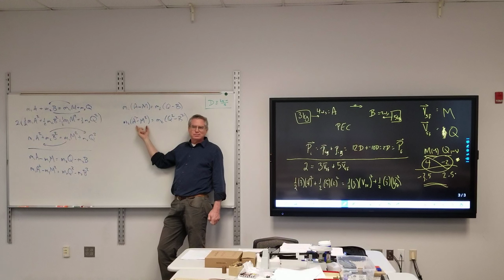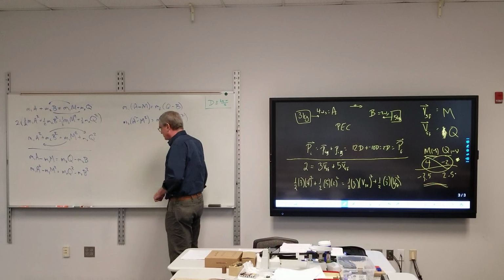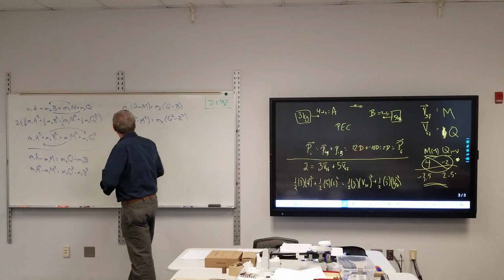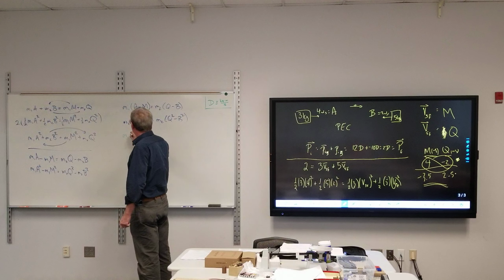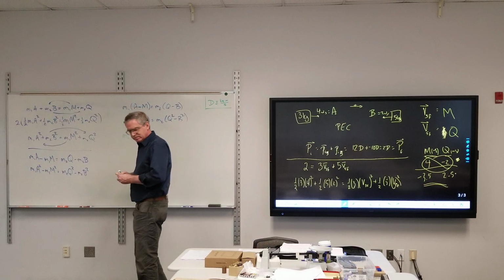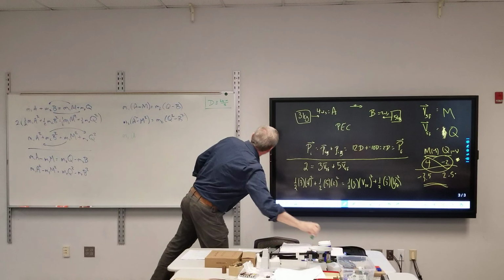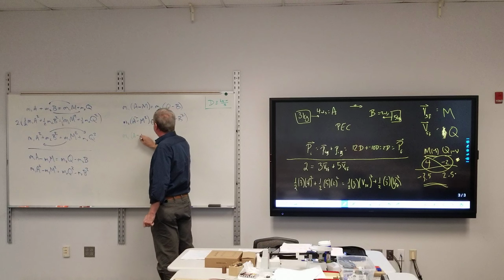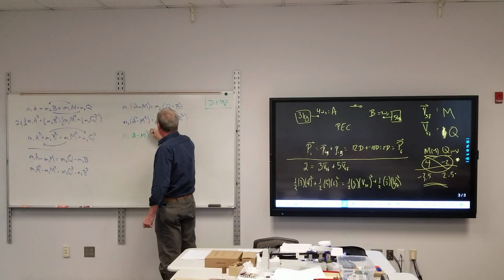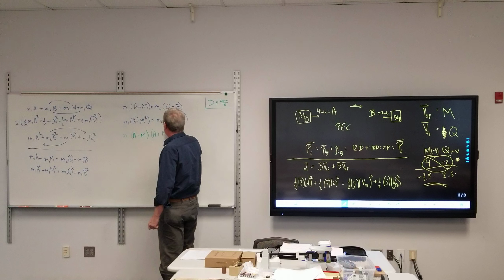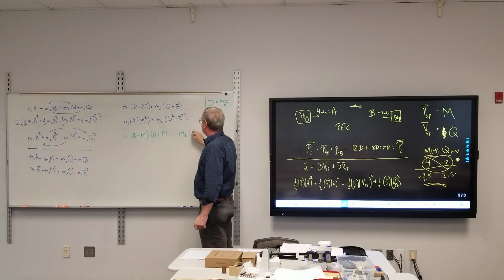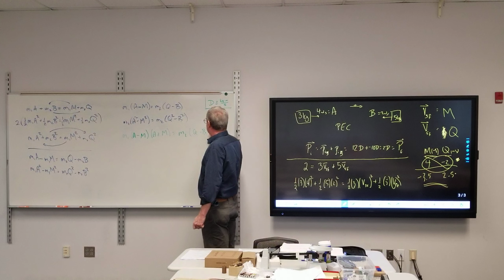It's A minus M times A plus M. So I have m1 times A minus M times A plus M is equal to m2 times Q minus B times Q plus B.